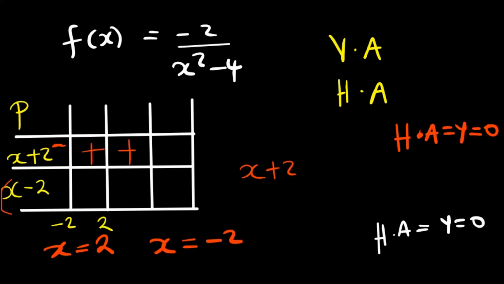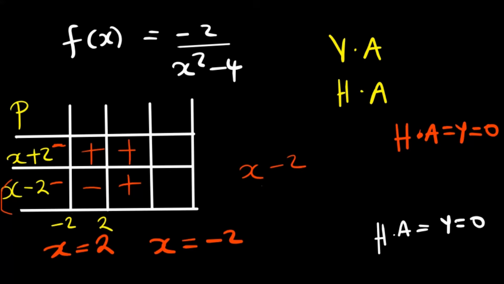If you get any number that is less than 2 and we put it in this equation, let's say a 0, we're going to have a negative number. So you're able to see that this is going to give us negative numbers because those are less than 2. Then if you get any number that is greater than 2, let's say a 5, we're going to have a positive number, so positive there.